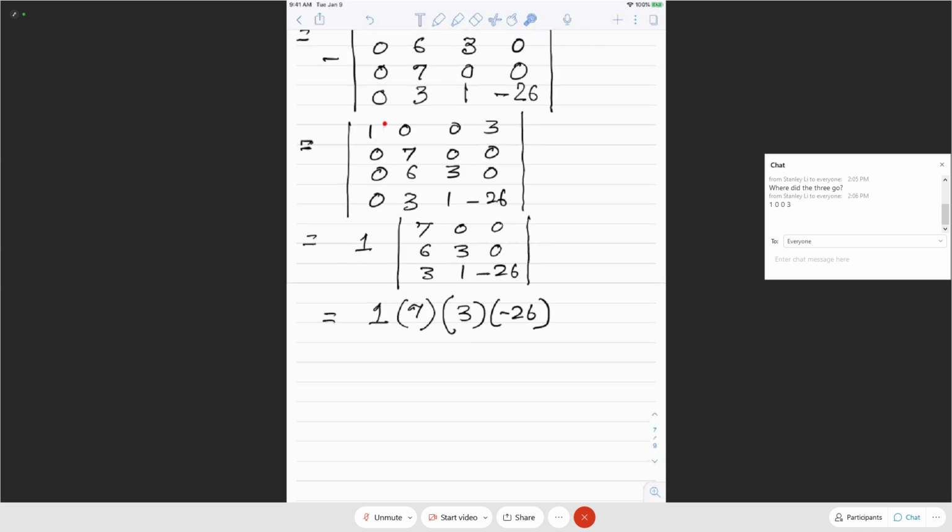First column. So 1 times this determinant. Then plus, minus, plus, minus, plus. Plus 0 times some determinant, 0 times some determinant, 0 times some determinant. They're all gone.